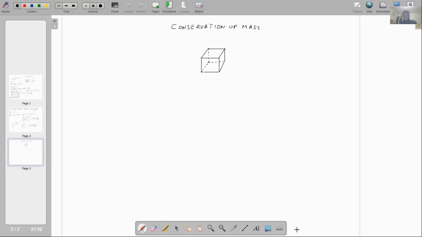So in this lecture, let's move on to the conservation of mass.